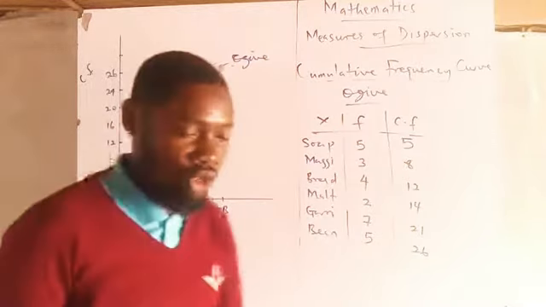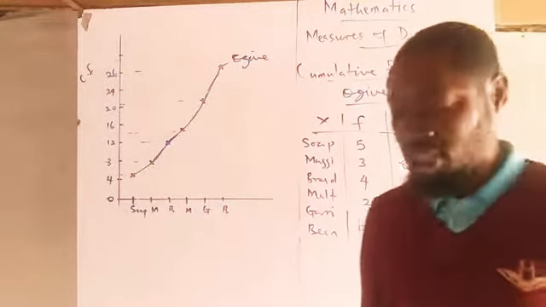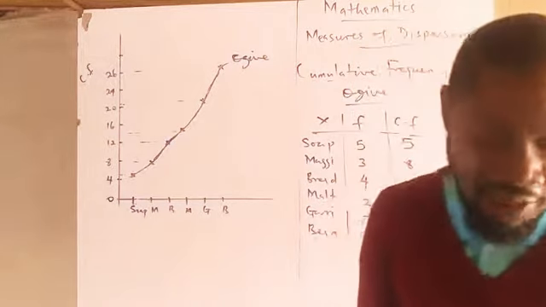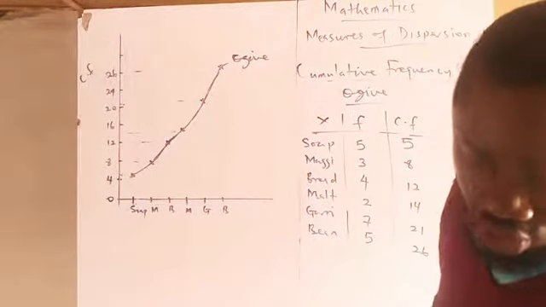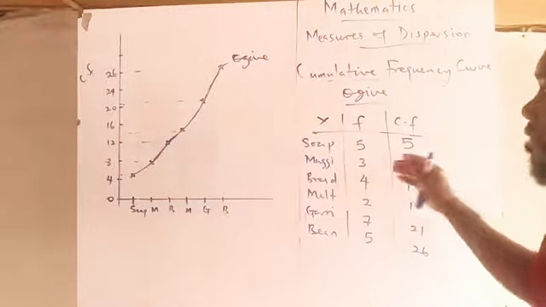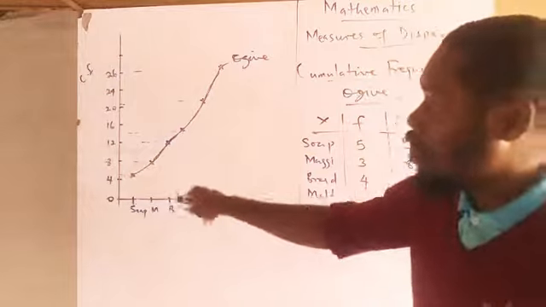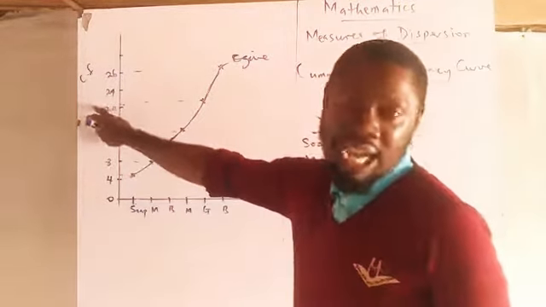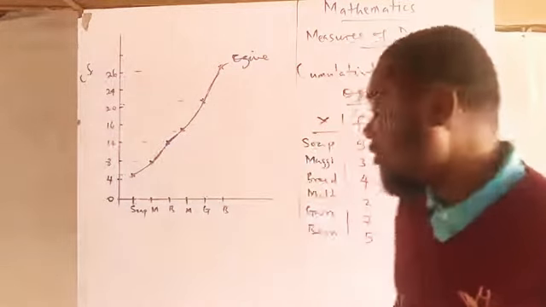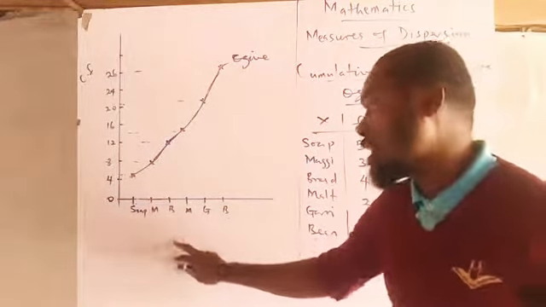I said for you to get your cumulative frequency curve, you need to have your cumulative frequency from the distribution given to you, and I've shown you how to go about it. Then from there, plot a graph called the ogive, where your cumulative frequency will now be on the vertical side instead of your frequencies, and you have the items on the horizontal part.